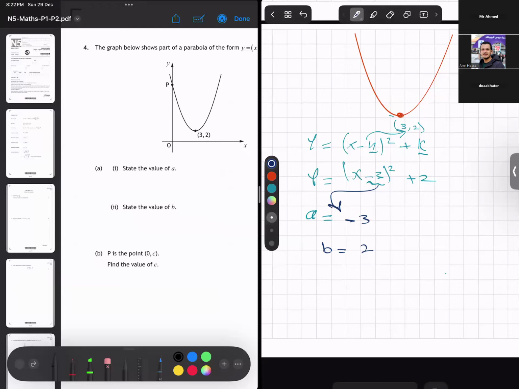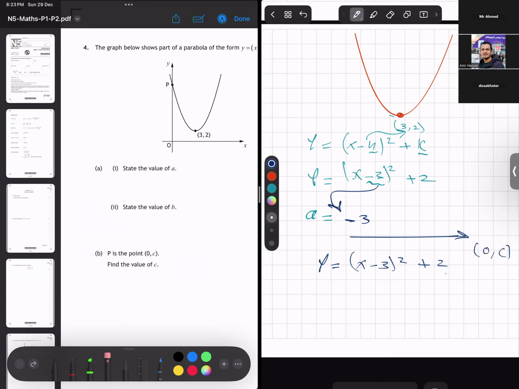I don't know what C stands for, but do you have the equation? Yes, we have it. So if you have the equation, just use the substitution method. So y equals (x minus 3) all to the power of 2 plus 2. I ended up with this equation. But he asked me to use the point (0, c).